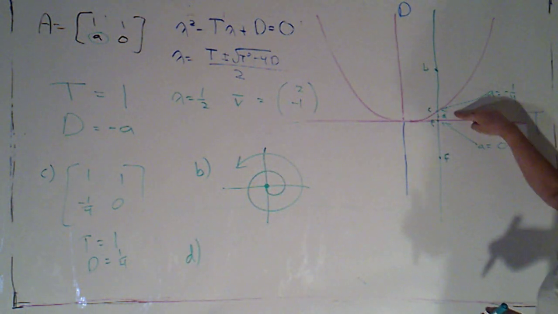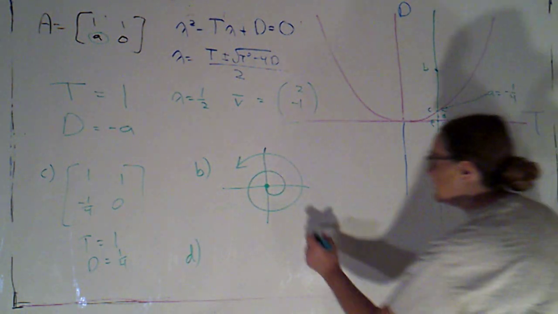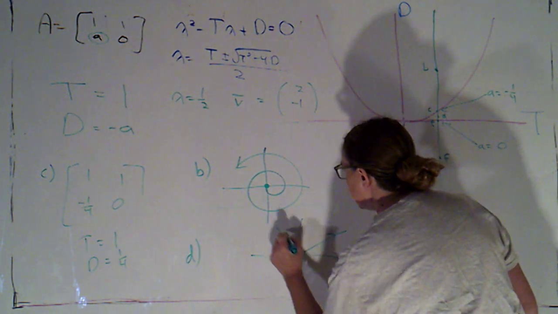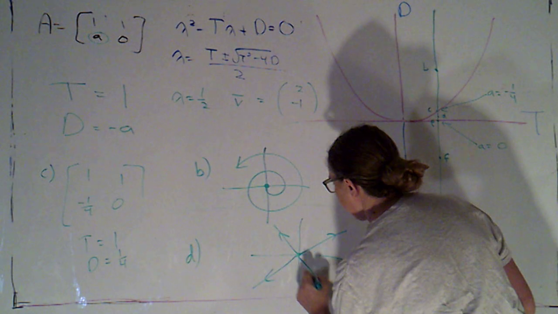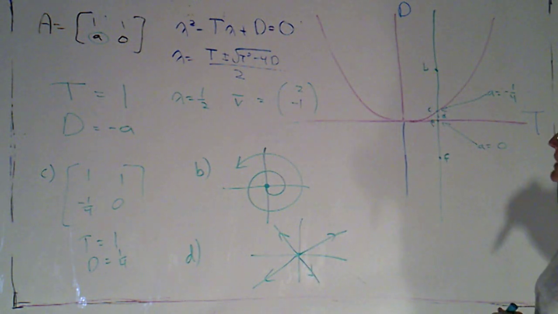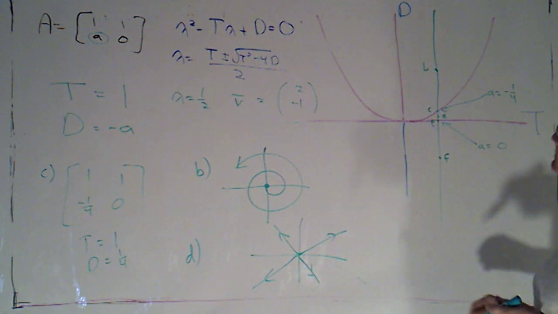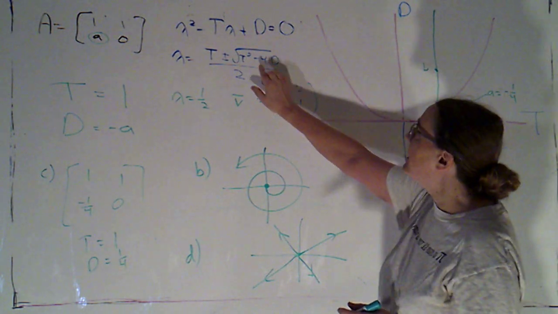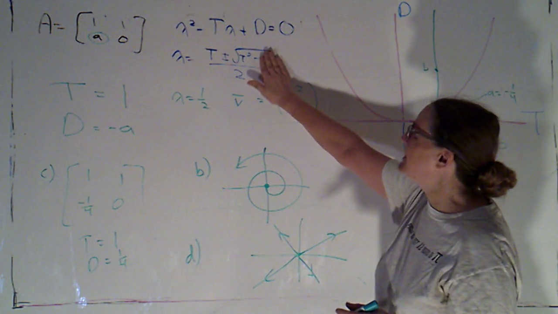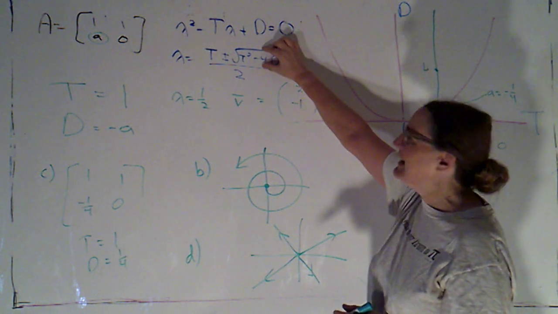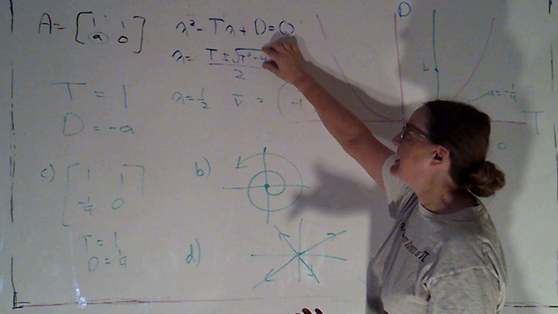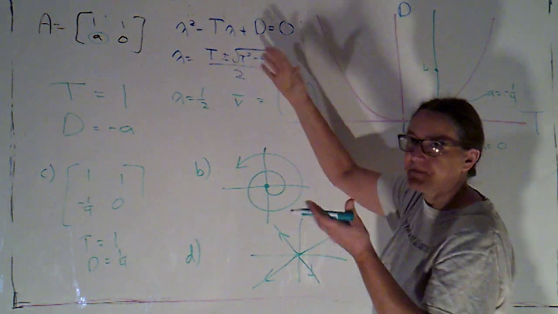Down here at D, we've got two real eigenvalues. They're both going to be positive. They're basically both positive because here D is positive. So here I'm subtracting something from T squared so that this square root is smaller than the absolute value of T, which is just T. So that T plus the square root is positive.